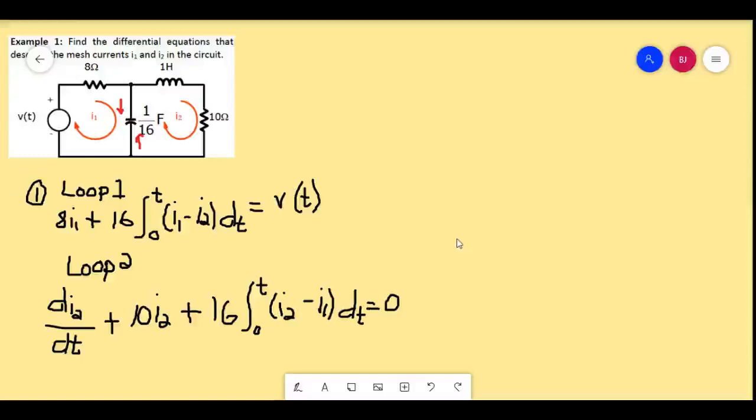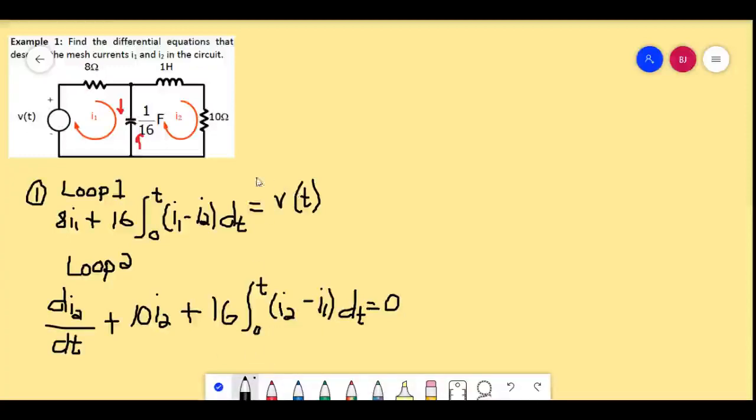The way to cancel out an integral is of course to do a derivative. So we differentiate the equations until all the integrals are eliminated.